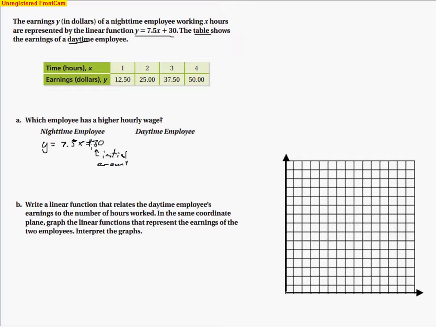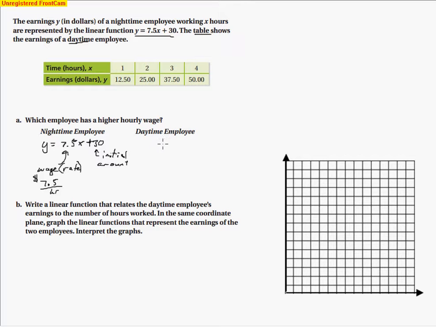You know, it's hard to get employees to work at nighttime because people like to sleep. So that's the extra incentive to go there. But he doesn't earn as much. See, this is his wage. And so a wage is a rate, and his rate is the slope, and that is $7.5 per hour. That's what he's earning there. That's what that represents.